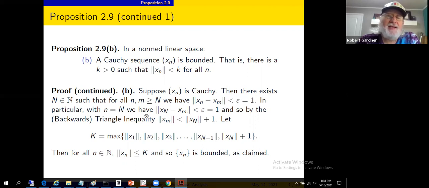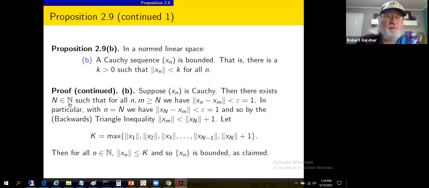Take the norm of x sub capital N to the other side, and it produces this inequality. Small steps of algebra skipped, but we've got the norm of x sub m less than the norm of x sub capital N plus 1. And this holds for all m greater than or equal to capital N.